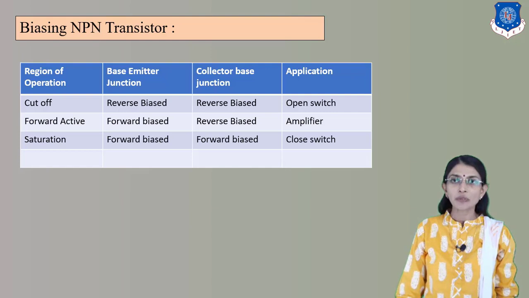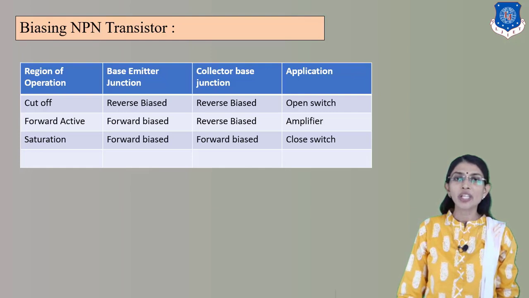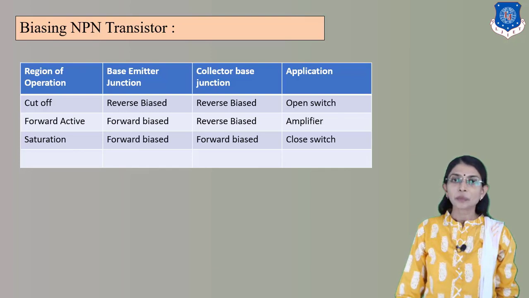There are two types of the regions, cutoff and saturation, in which the transistor is used as a switch, and if transistor goes into the active region, then it can be used as an amplifier. If both junctions, input and output, are reverse biased, then the region of operation is cutoff.